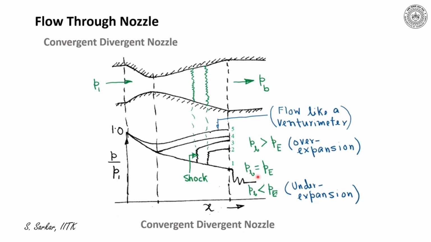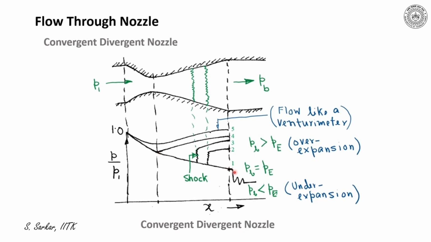Now, when the back pressure is equal to the design pressure PE, then there will be isentropic flow throughout the nozzle and the pressure will continually fall, while the velocity will continually increase, and we will get supersonic flow within the divergent part of the nozzle, where P at the throat would be equal to P star, and discharge in the nozzle would be equal to M star, which is the critical discharge.